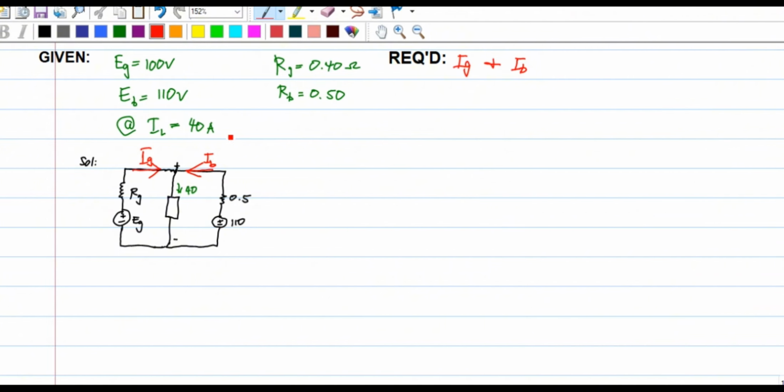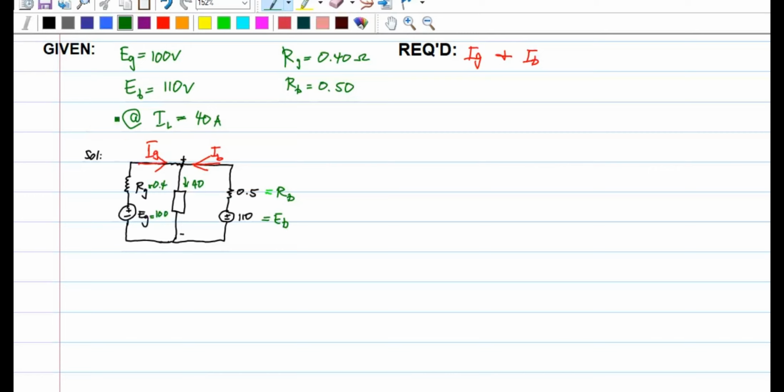Okay, from that circuit, we write this as RB, and this as EB. EG is equal to 100, and RG is equal to 0.4.